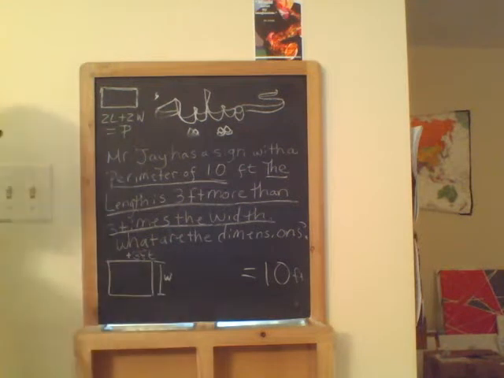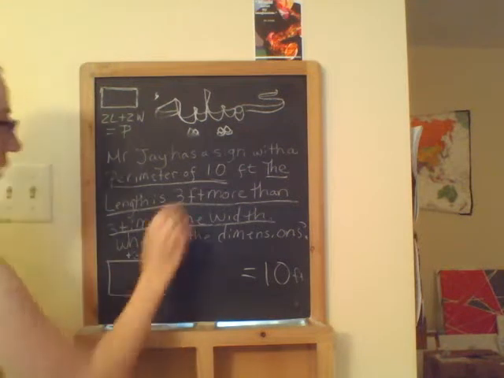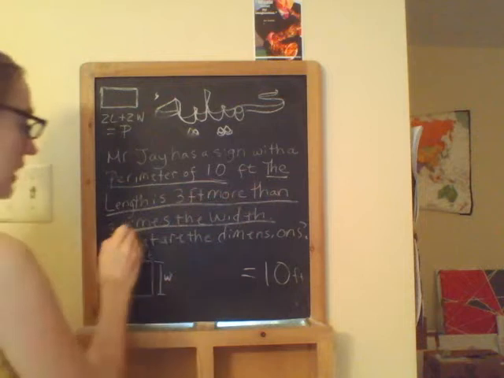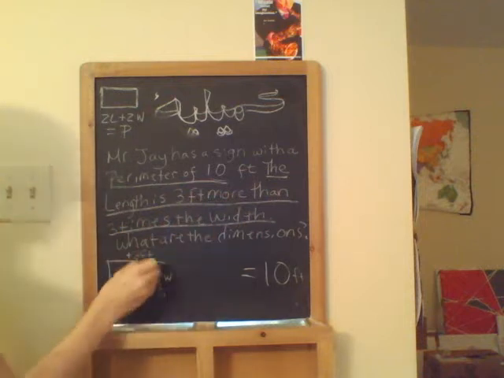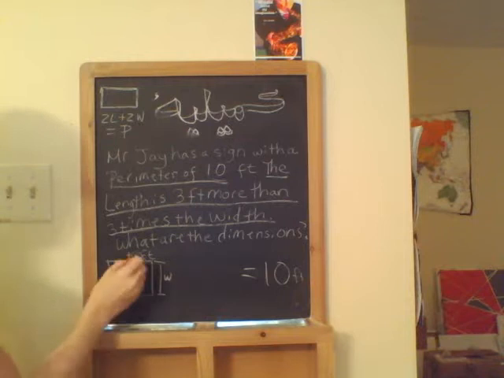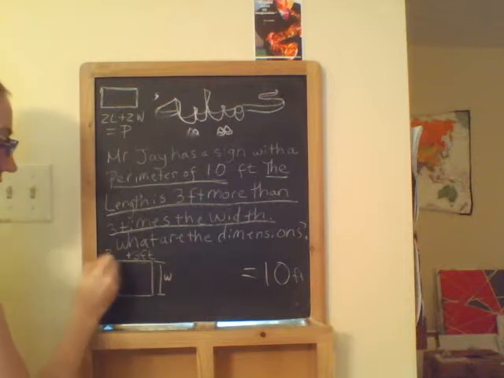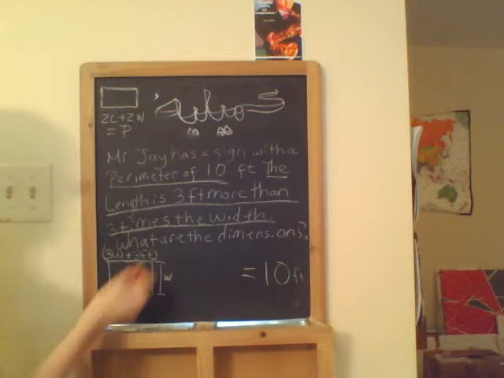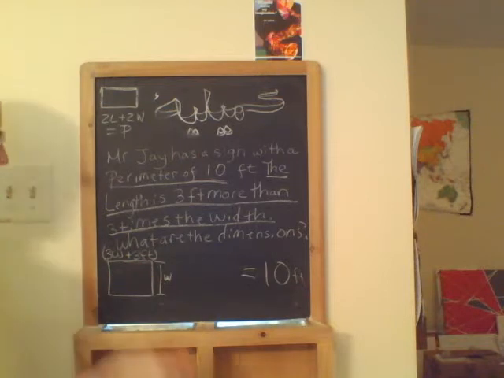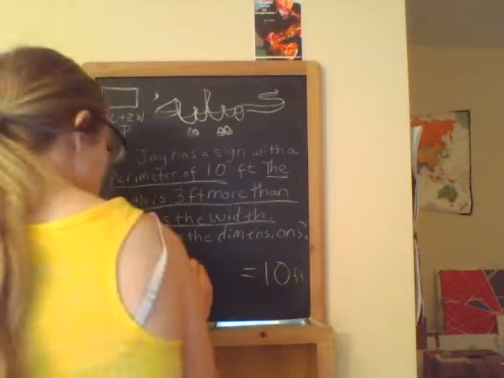I'm going to put in a plus 3, and then 3 times the width. So the length is 3 times the width plus 3 feet. So we've got 3 times W plus 3 feet for this side, and then we have W over here. So we can go ahead and put together an equation.